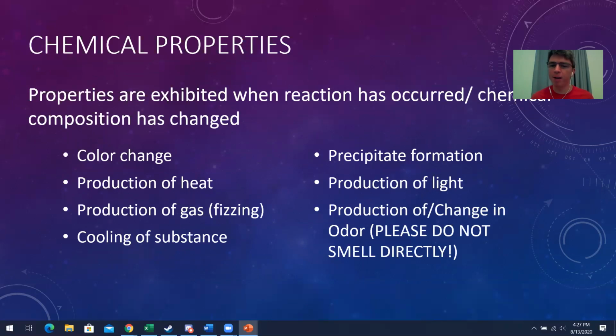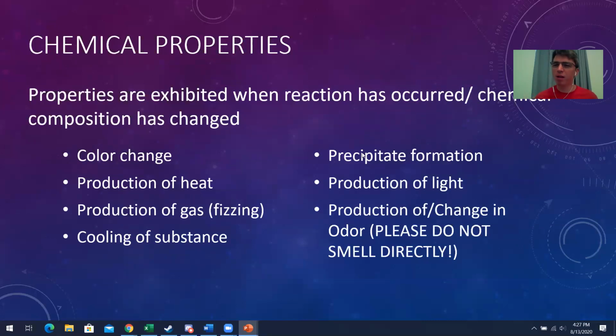Chemical properties, on the other hand, are those that you can only determine when the chemical composition has changed. How do you know if the chemical composition has changed? Usually, chemical changes that are associated with chemical properties will be evident through a change in color, the production or loss of heat, so cooling, the production of gas, if it bubbles and fizzes, if it produces light, if it produces an odor, or precipitates.